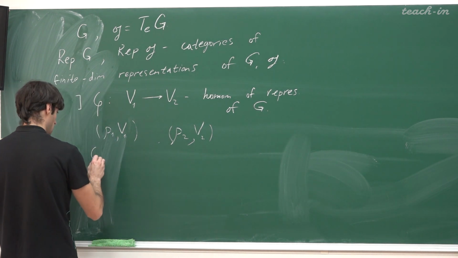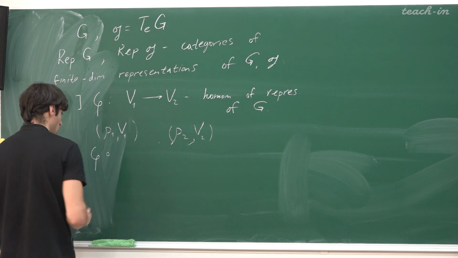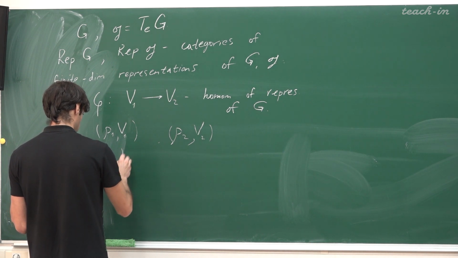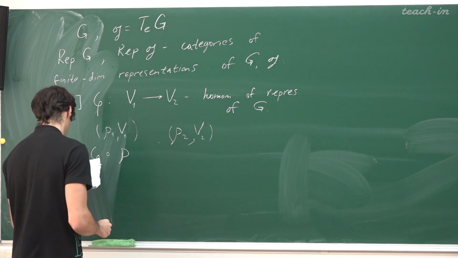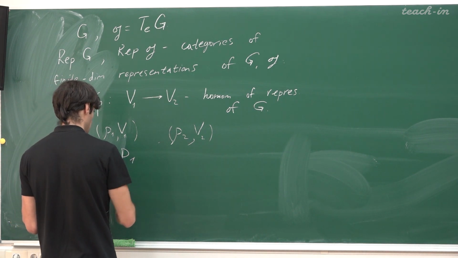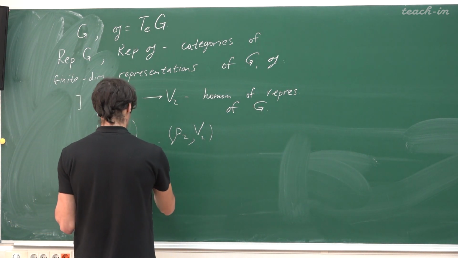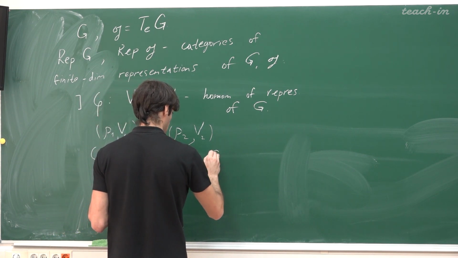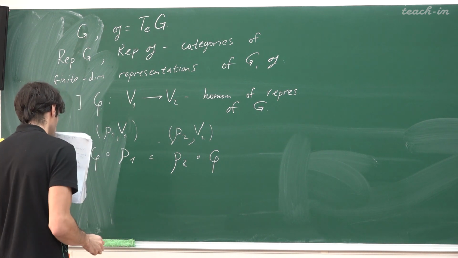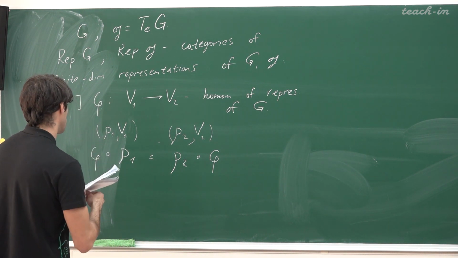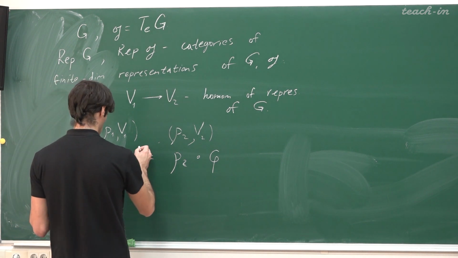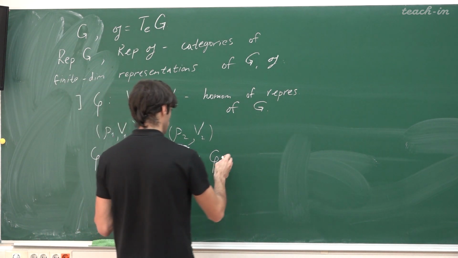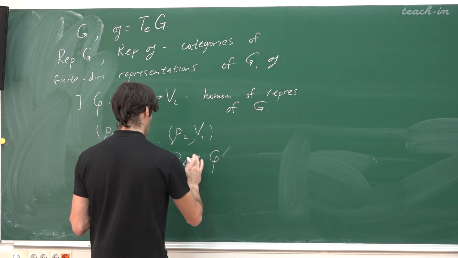it's just the following thing: phi rho 1 of g equals rho 2 of g phi. So I should write some element g here, and some element g here.